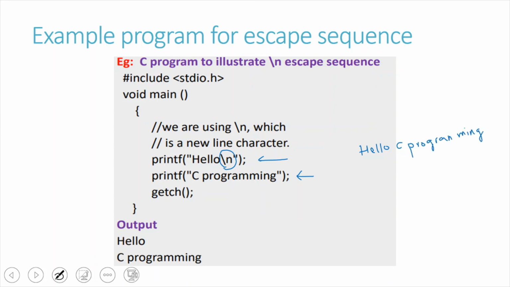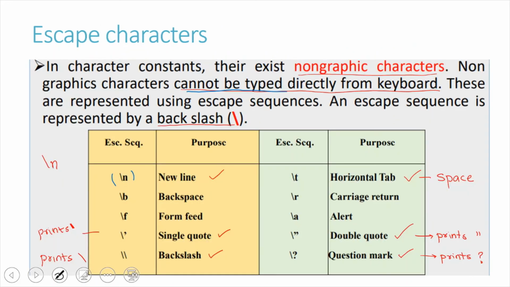But since we have given a new line character over here, it means that after hello is printed, only then would the next text be printed in the next line. So this is the advantage of using escape characters. In order to print a single quote, we have to give a backward slash followed by a single quote.